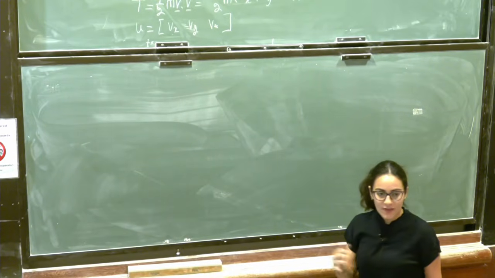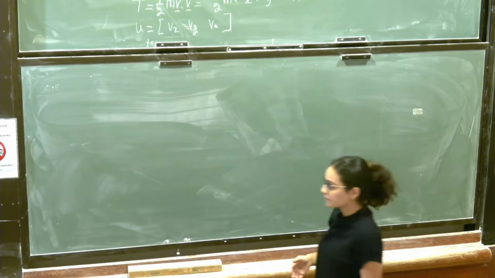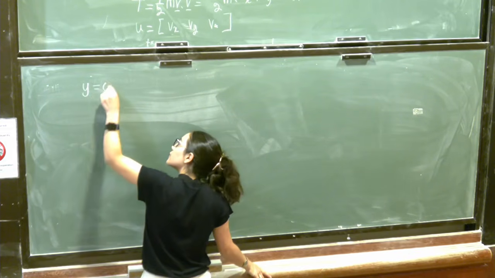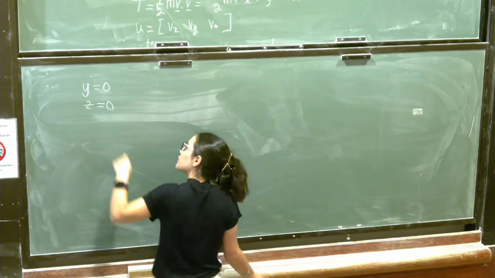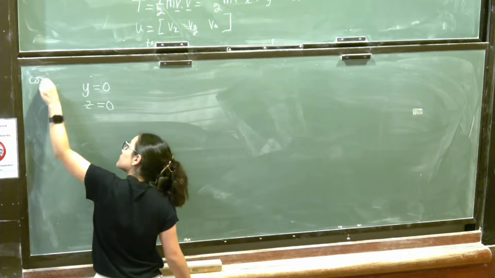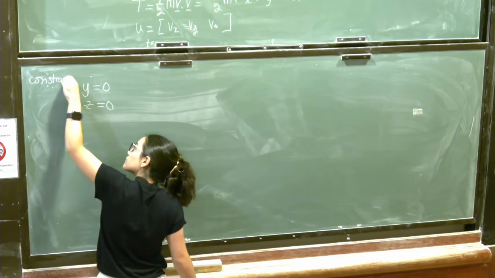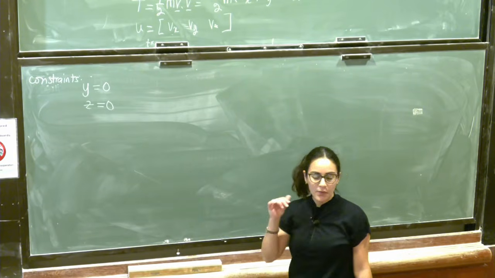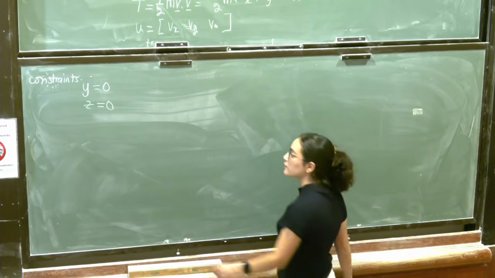What are the constraints acting on the system? y equals 0 and z equals 0. These are the constraints. Then we have corresponding constraint forces.